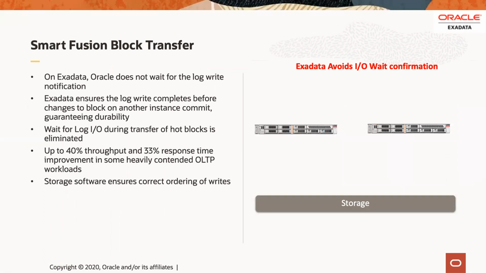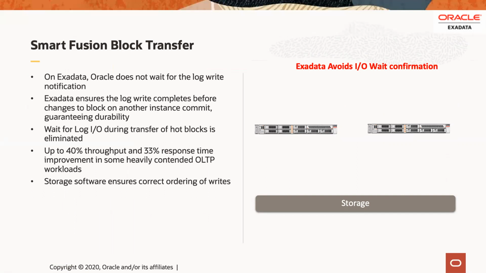On Exadata, obviously, we know we have this smart fusion block transfer, which does not require us to wait for an IO confirmation. What is this IO confirmation actually? If you know about how we do IOs in any system, regardless of Oracle, when you call the write API, we have to wait for the IO layer to come and say, yes, I actually wrote it.